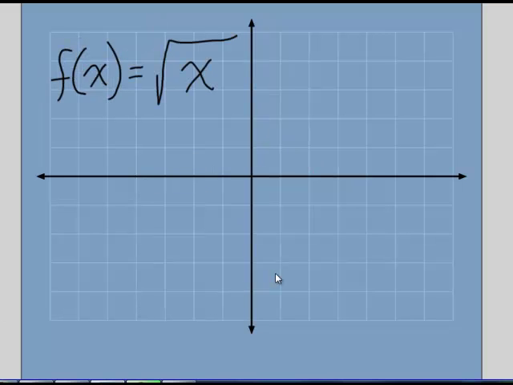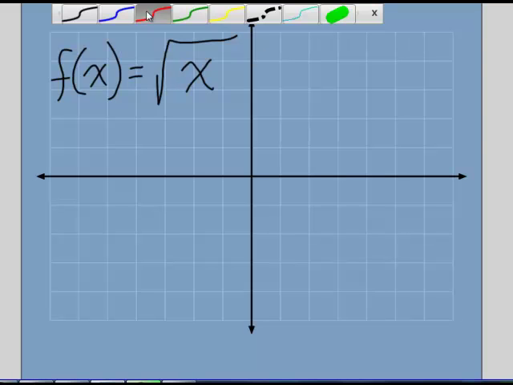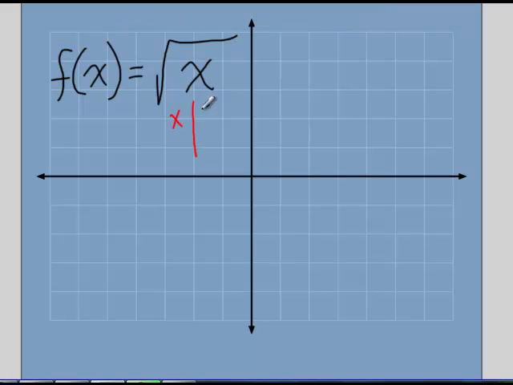Last one we're going to do is f of x is equal to the square root of x. And we'll see that if we did the table again, well, we still have 0, 0. And let's do when x is 1, if I plug 1 in here, f of x is going to be 1.